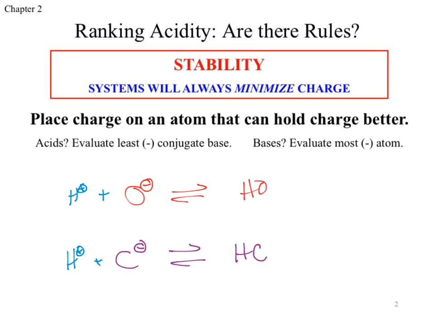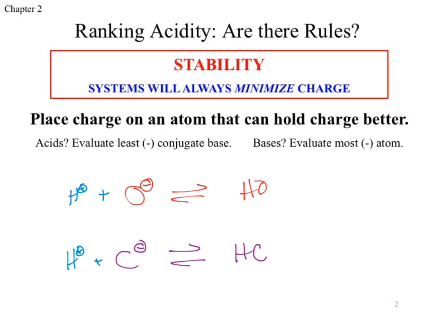Our acids, we're looking at trying to get rid of a hydrogen. So typically when we evaluate our acid strengths, we draw out the conjugate base and find whichever one's the most stable. Okay? Because the weaker the base, the stronger the acid. When we look at our base strength, we could go through and evaluate our conjugate acids. I typically find that more difficult. Why would I find that more difficult to look at the conjugate acids? Well, my overarching concept is what? Minimize charge.